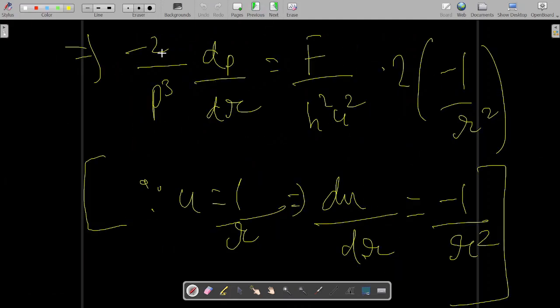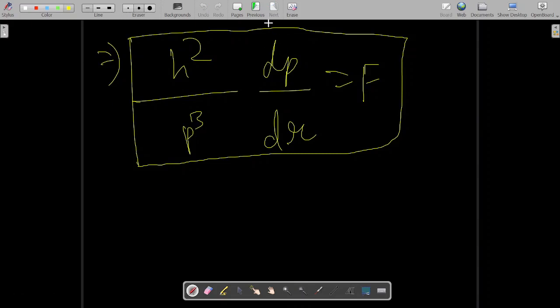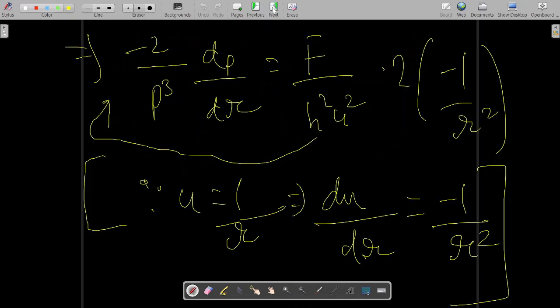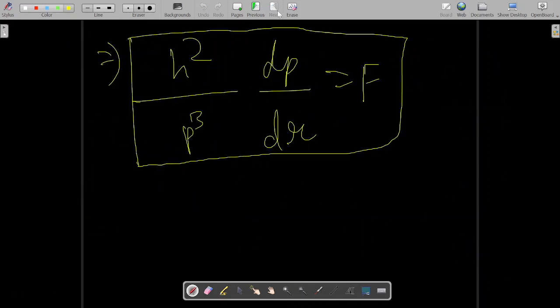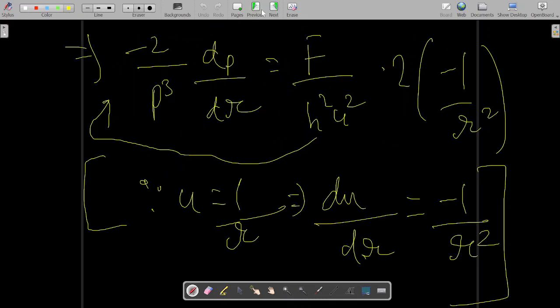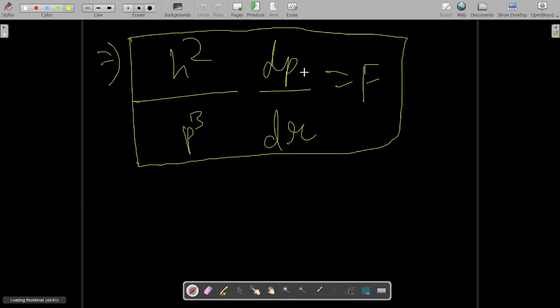You can clearly see minus 2 and minus 2 will cancel from here, and finally this h square will go over here. This u square and r square will yield you 1. So this is the final equation which you will get from there.